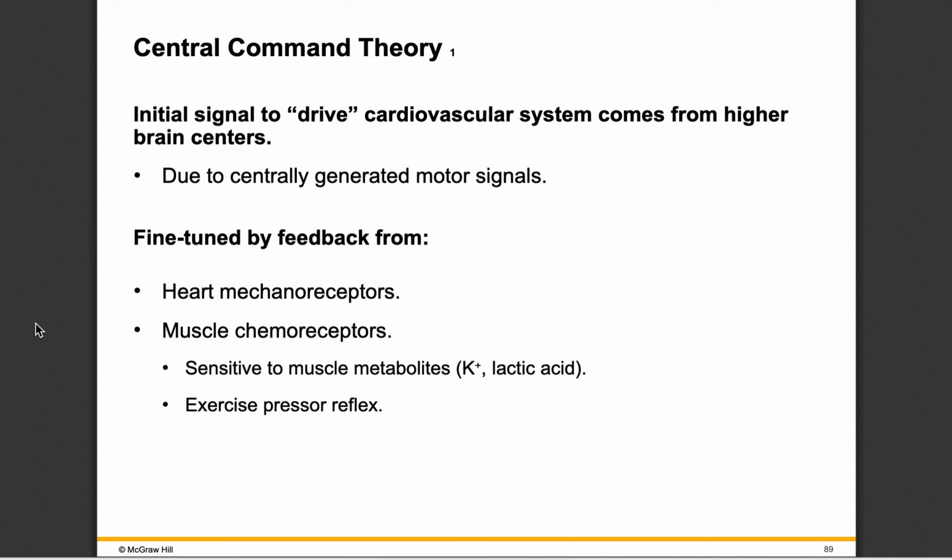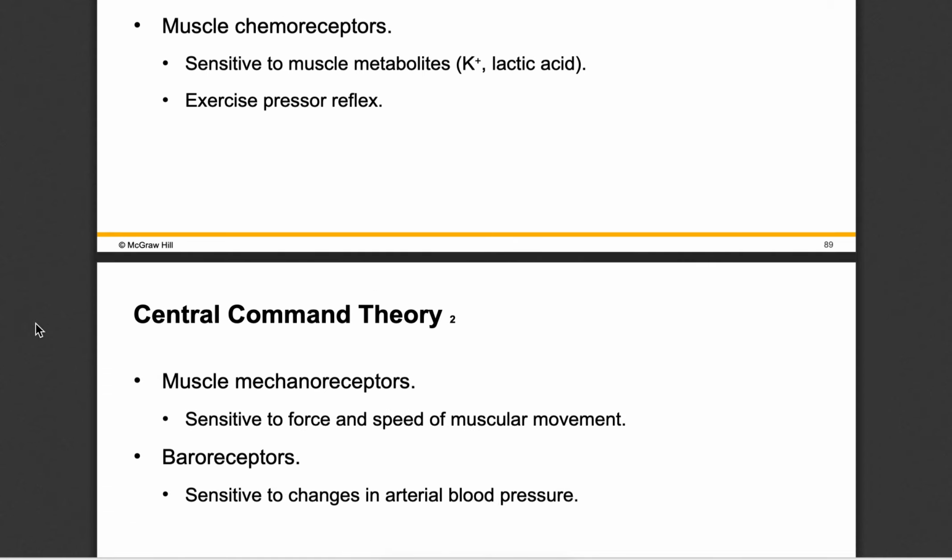They're driving these initial big changes we see, and then all the fine tuning to get things into steady state and get them at the appropriate levels once we get close to where we need to be are done through feedback mechanisms through the heart and muscles that detect different chemicals and different ratios.